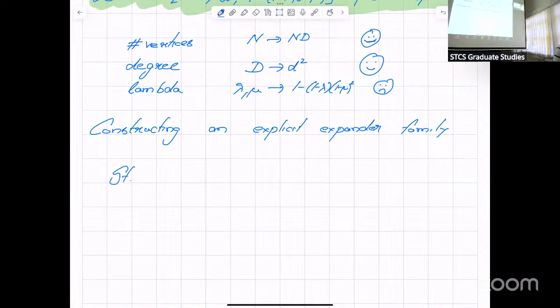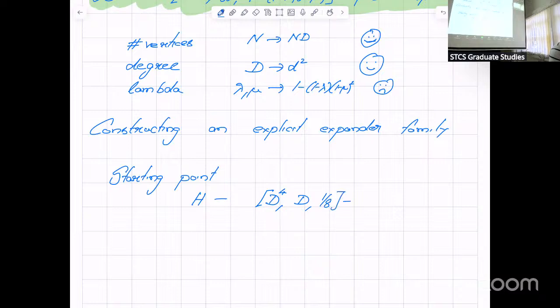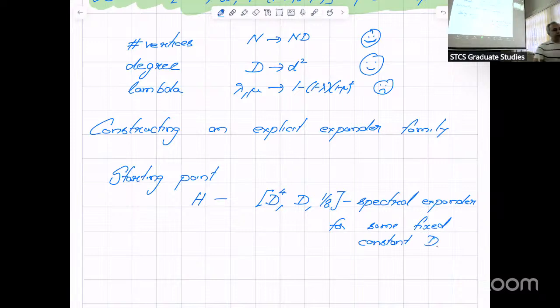Our starting point is going to be a graph H, which is a D power 4, D 1/8 spectral expander, for some fixed constant D. So fix a particular D, say D be 10 or 8 or something, such that 1/8 is allowed by the Alon-Boppana bound.